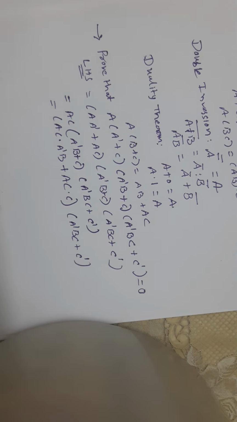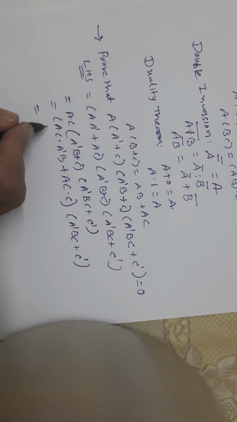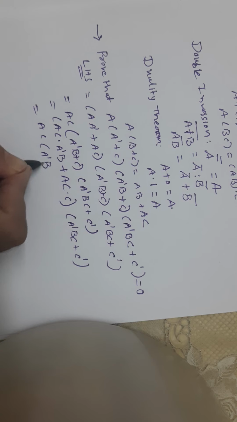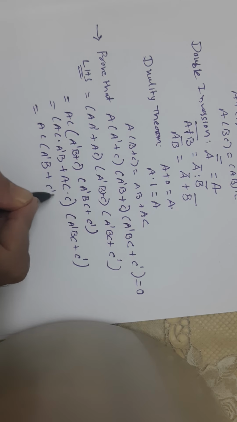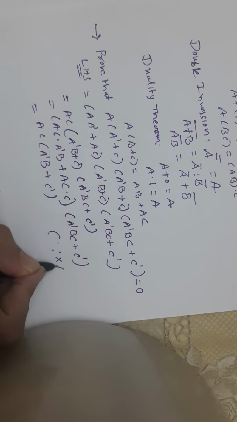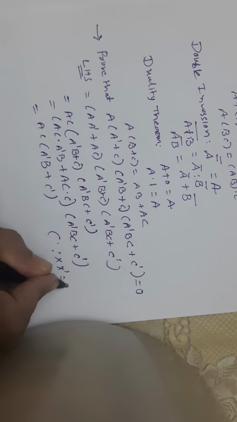Distributive law. Then AC (A dash B plus C dash) x, because x x dash is equal to 0.